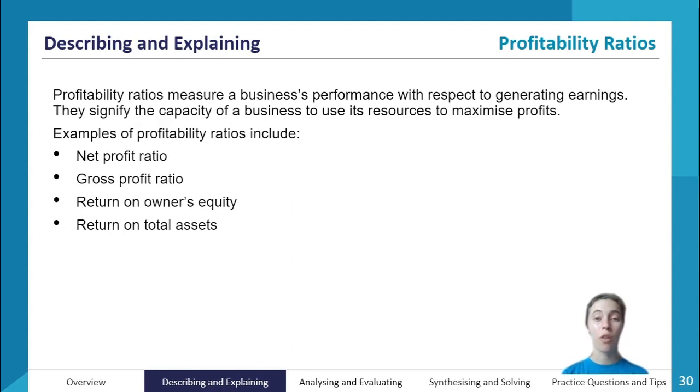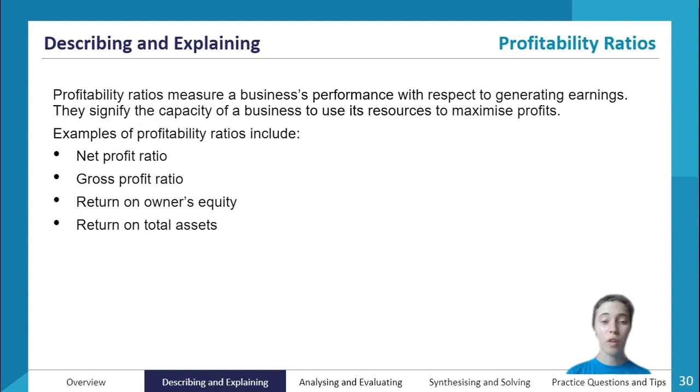You'll be introduced to further ratios as you go throughout the year, but for now we're looking at profitability and liquidity in particular. So profitability ratios, as the name suggests, measure a business's performance in terms of generating those earnings, that revenue. So the capacity of a business to use its resources to maximize its profits.